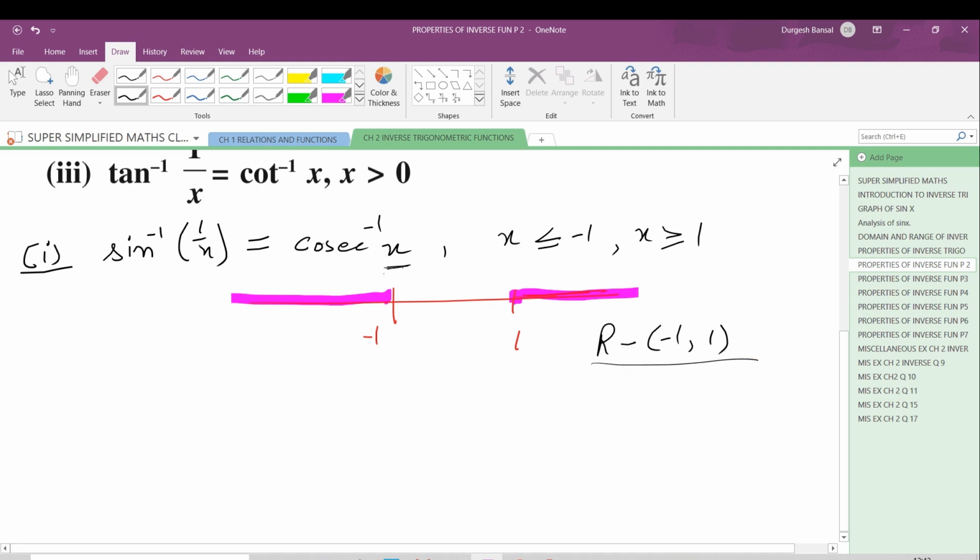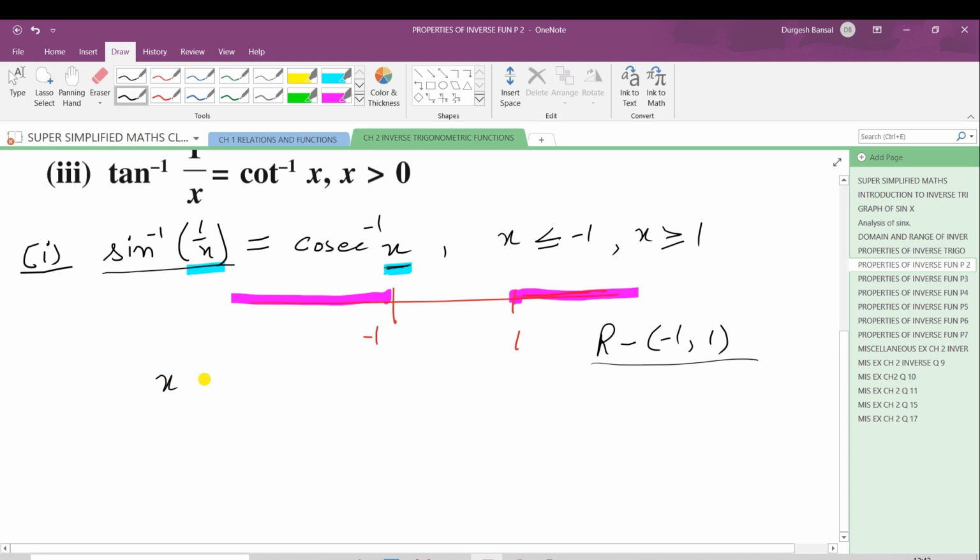Now you have to verify that this 1 by x should also belong to the domain of the sine inverse function. Whenever we are writing x here, this x that I have underlined with blue should belong to the domain of the cosec inverse function. This 1 by x should belong to the domain of the sine inverse function. So my job is to check the domain of the sine inverse function.